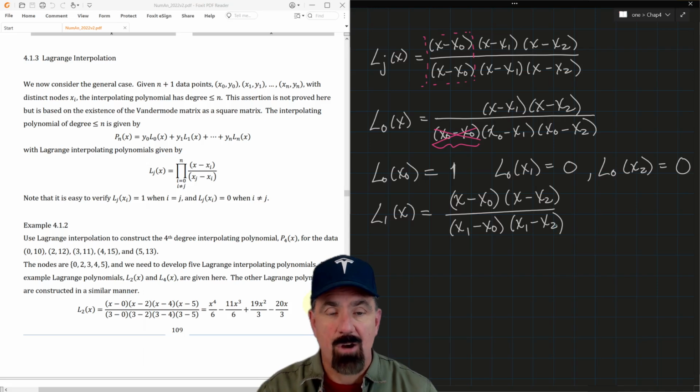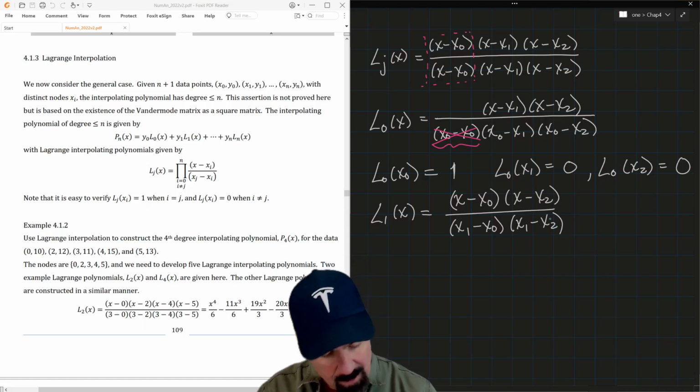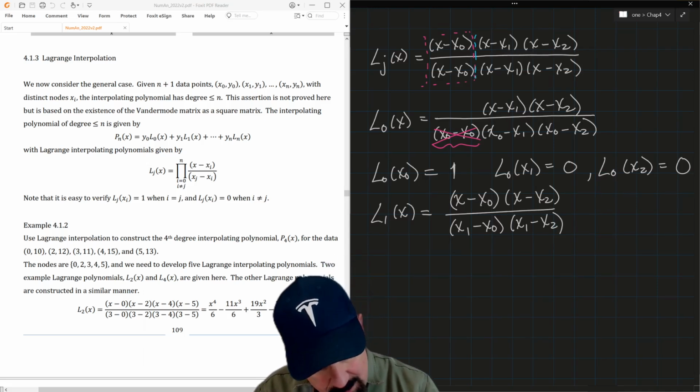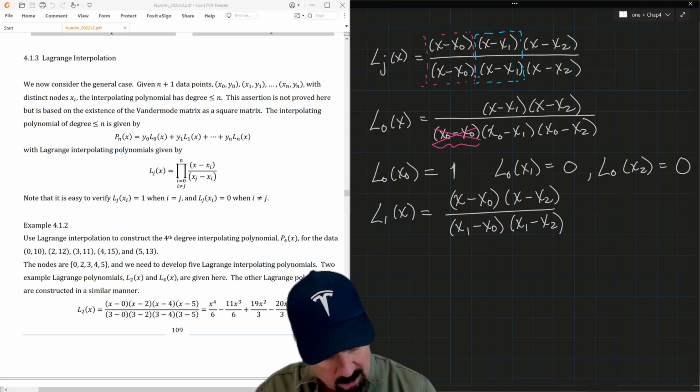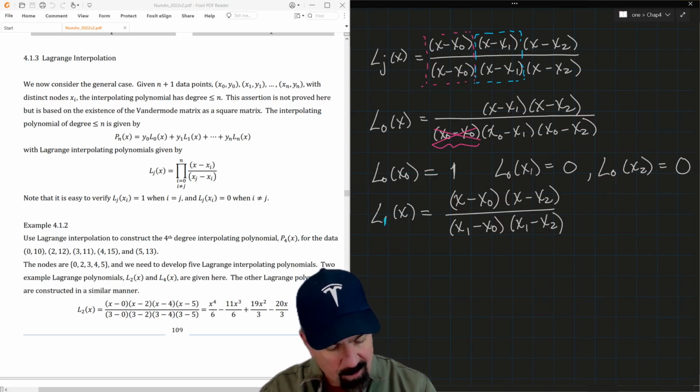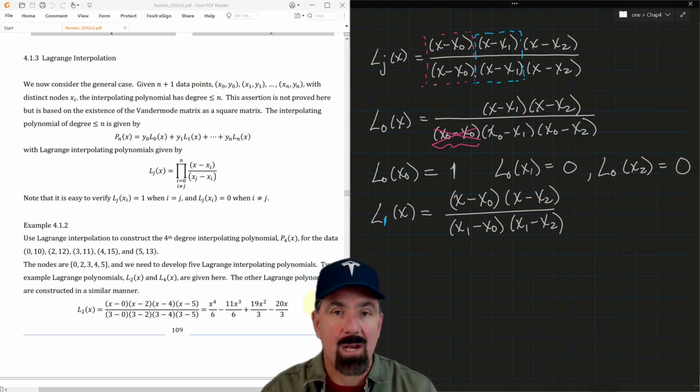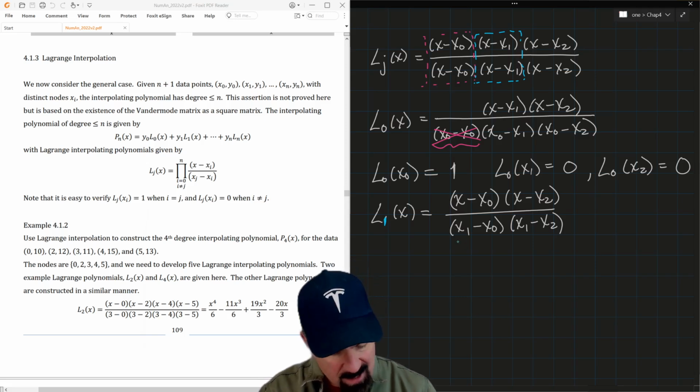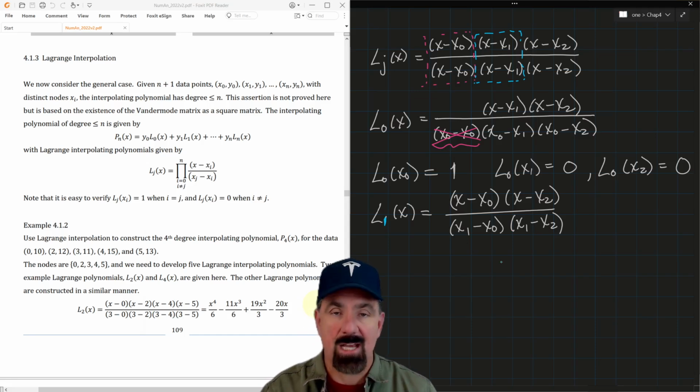So you can see here for L1, I've done exactly the same thing, except this time, since it's associated with the node at x1, that's what this 1 here means, I've removed that chunk and then put x1 into the values in the denominator. So I have x1 minus x naught and x1 minus x2. And then L2 is the same.